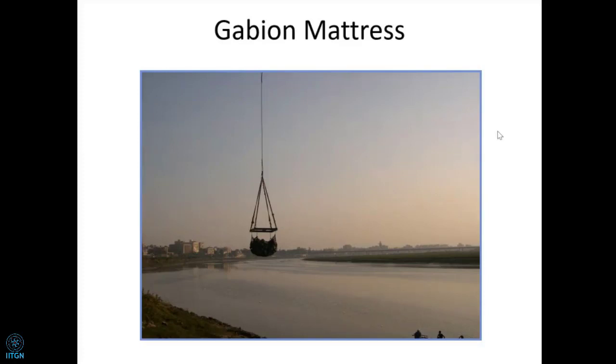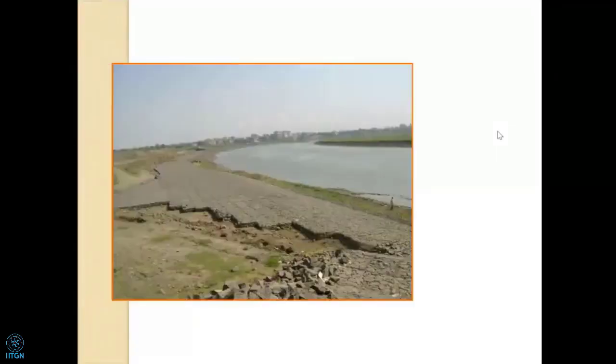When you dump stone in flowing water, it gets carried away and may not reach the exact destination. Whereas here, because of the mechanical handling and other facilities, you can place it exactly in position. This is the advantage. Like that, we have many such advantages.